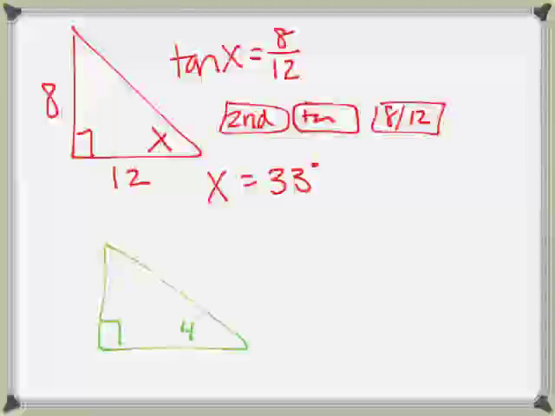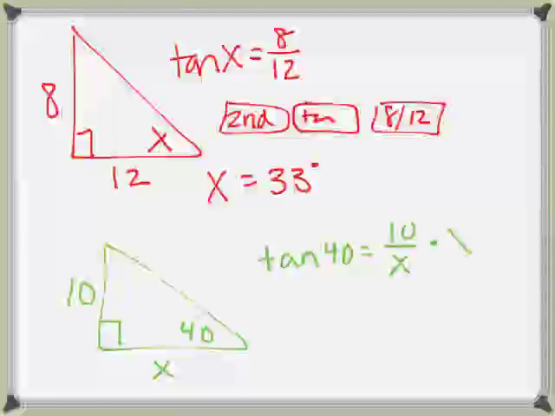All right, on this one, let's say that we're given an angle of 40. I'm going to give this side as 10, and this side is x. So let's set up a tangent problem for the angle 40. Tangent of 40 is equal to what? 10 over x. Now when I solve this equation, I'm trying to get x alone by undoing this fraction.